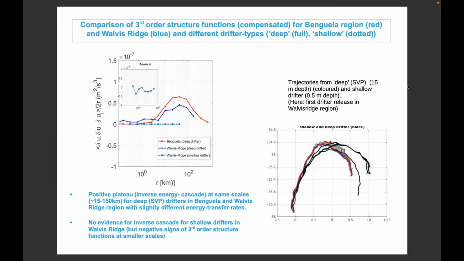The shallow drifters do not give a signal at this scale at all. So the shallow drifters cannot measure the inverse cascade, but when we zoom in, there might be some negative signs of the third order structure function, like other people have found. Forward cascade would be a bit too much because on these scales it's not really 3D turbulence, but that's something to discuss.